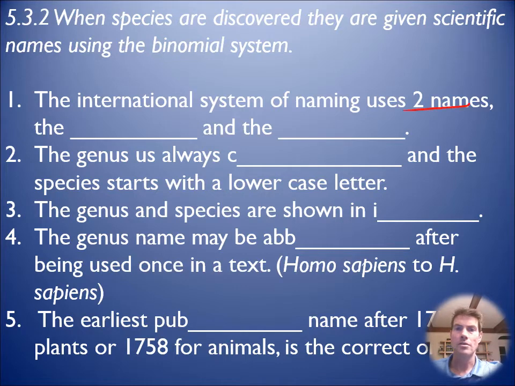So the two names, we want to look at genus and species. The genus is always capitalized. So as you saw before, Homo, you saw me write out capital, and then the species starts lowercase. And you want to have it in italics if you're typing it out. And then after you say it once, you can abbreviate it.